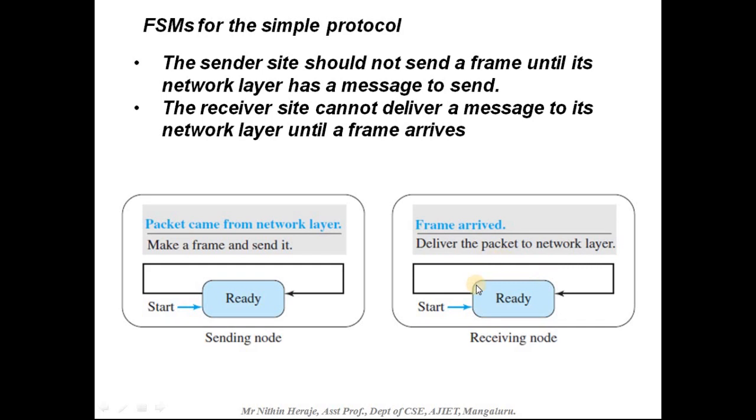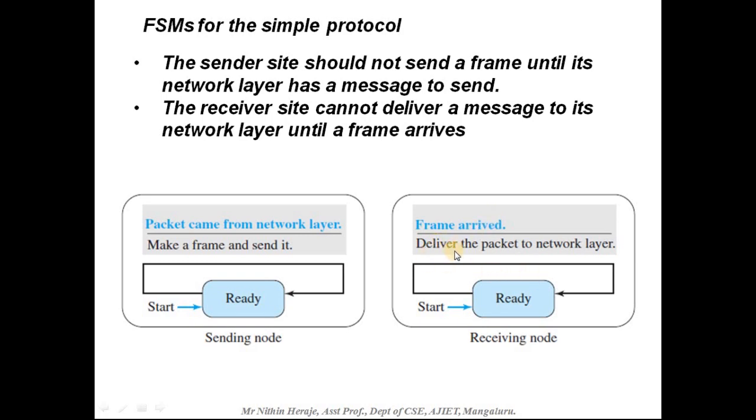Okay, when we move to the receiving node, even here we have only one state, that is the ready state, and that itself is the initial state. So here the event occurring is that a frame arrived from the source at the data link layer.